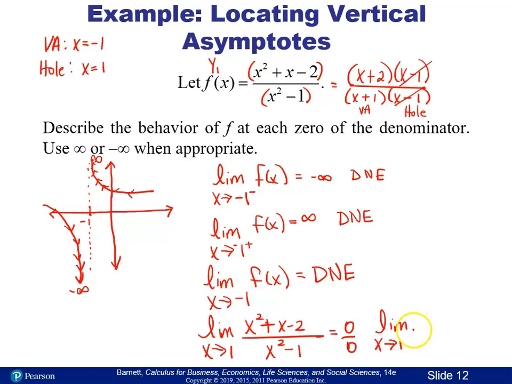So we'll look at the limit as x approaches 1 of just the part that's left. If I plug 1 in, I'm going to get 3 over 2. It's kind of hard to see, but on your calculator there is actually an open circle there. It's not going to draw in the open circle, but if you look on your table, you'll see that it's not defined there, but it's getting closer and closer to 3/2 for that value. So that describes the behavior of it.